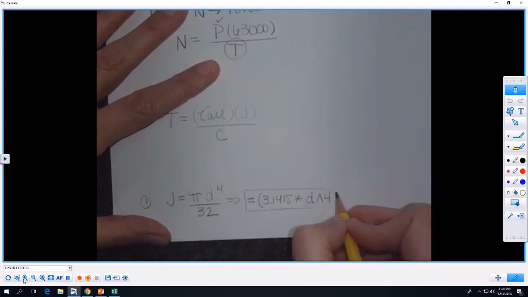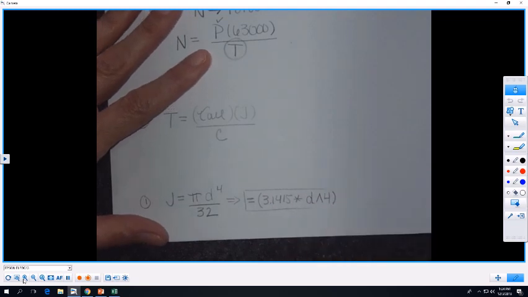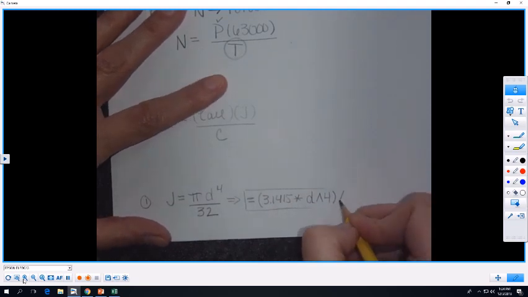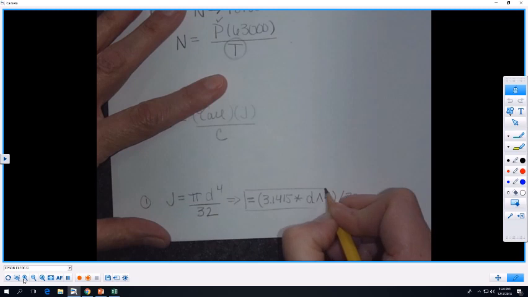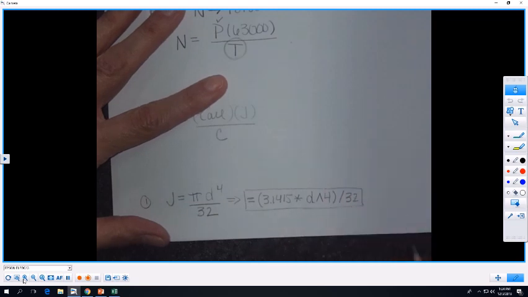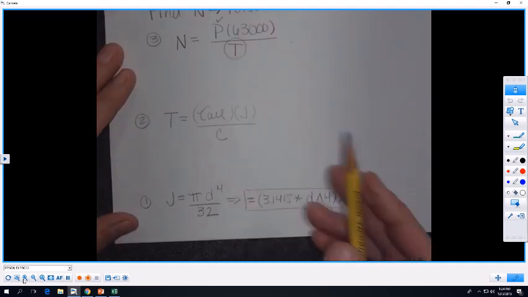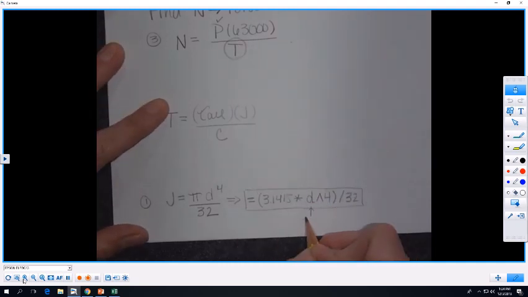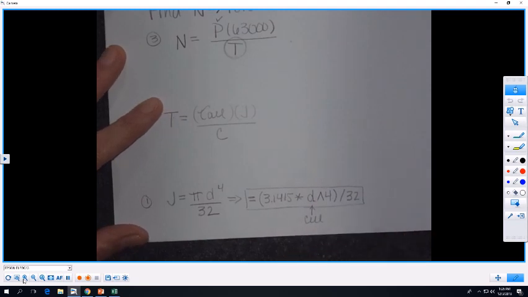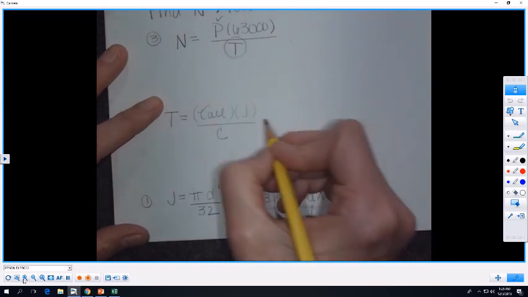That is our top line. Parentheses around it, and then divide by 32. Now that I know my J, and I should put here, this is going to be a cell for the D.